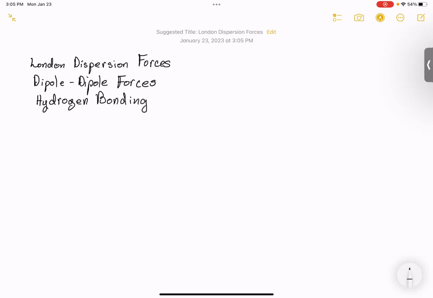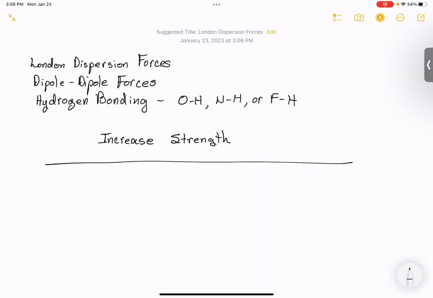Hydrogen bonding exists within polar molecules, but the polar molecules must contain an OH, NH, or FH bond. We then went on to talk about the strength of these, and we discussed that there's an increasing strength as you go from London dispersion to dipole-dipole to hydrogen bonding.